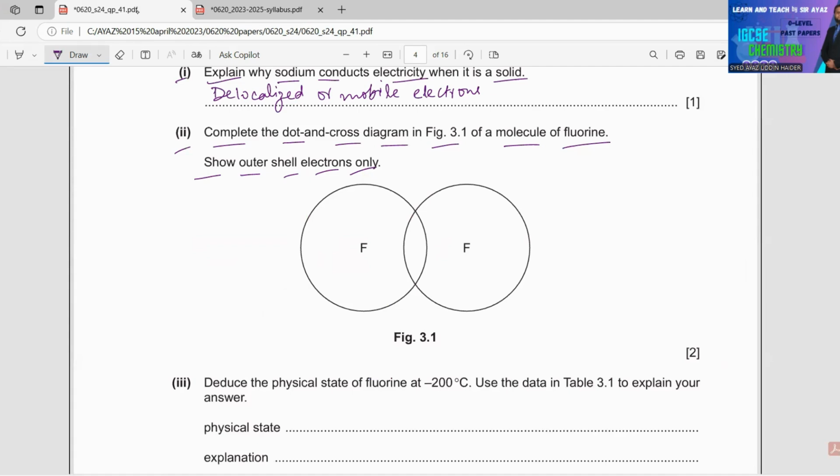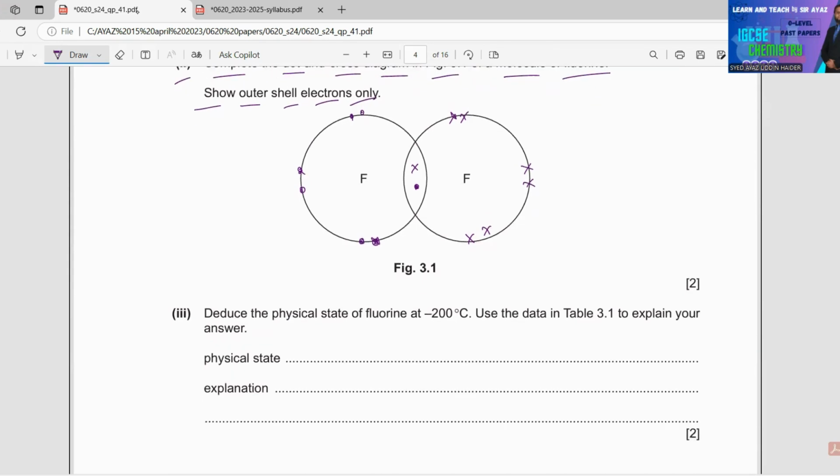So I'm going to show 7 electrons for each of these fluorine atoms with 1 electron shared, coming from each fluorine atom. For the right hand side, I'm using crosses: 1, 2, 3, 4, 5, 6, 7. For the left hand side, 1, 2, 3, 4, 5, 6, 7. So this will be the final dot and cross diagram for the fluorine molecule.